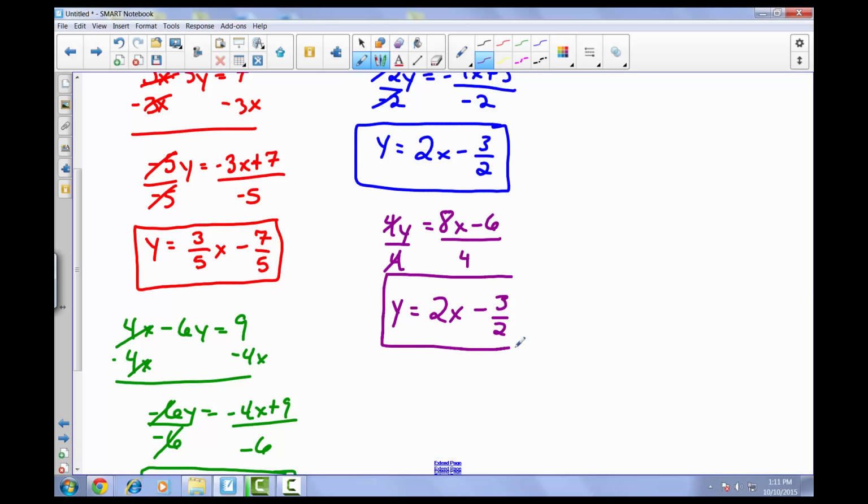So here's our equation for our purple one in terms of y equals mx plus b. We notice that they have the exact same slope and the exact same y-intercept. So believe it or not, these are in fact the same exact line, and because of that we would have infinitely many solutions.